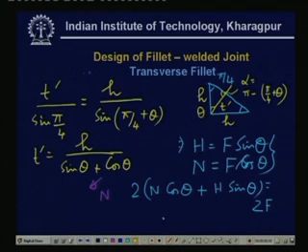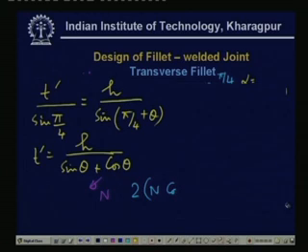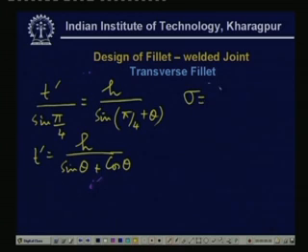So, if you want to calculate now the maximum shear stress or normal stress across that section, then you get the following relationship. The normal stress will be equal to n divided by the area, that is T prime times L length.